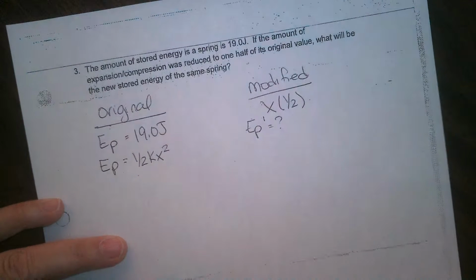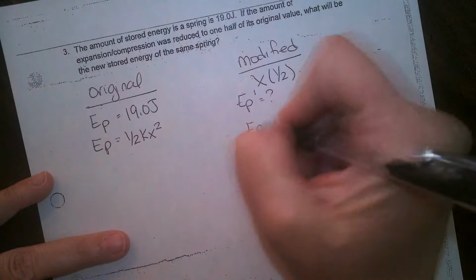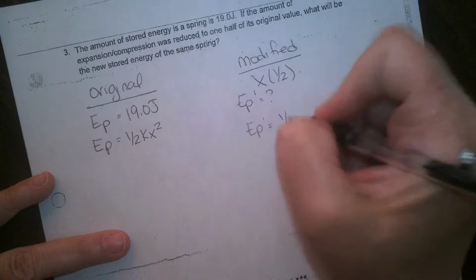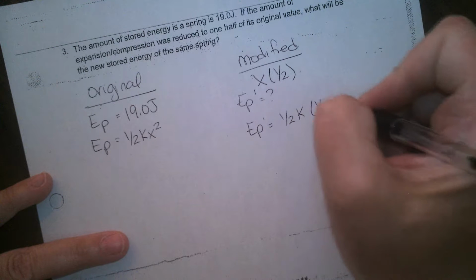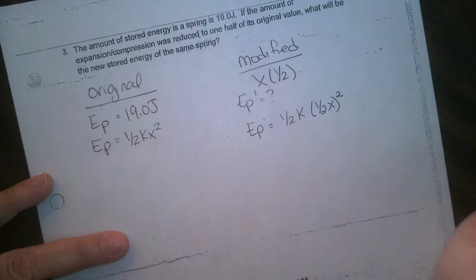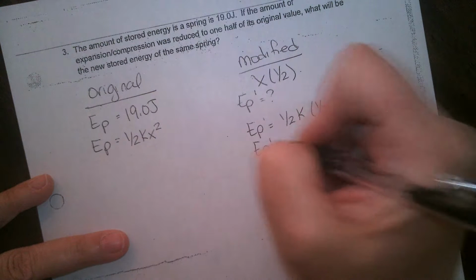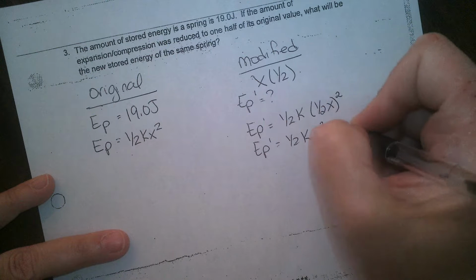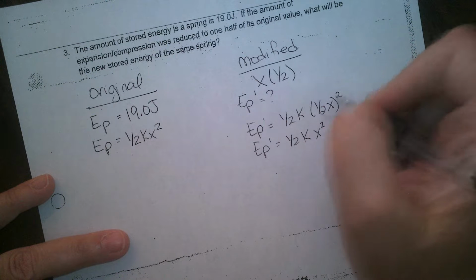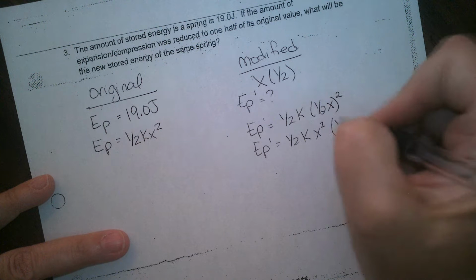What will the new stored energy be? Okay. Well, we know that E prime is going to be equal to 1/2 k times 1/2 of x squared. And so when I write that out, EP is equal to 1/2 k x squared, because I squared the x. If I square 1/2, I get what? 1/4.